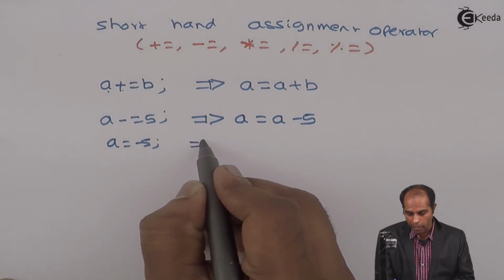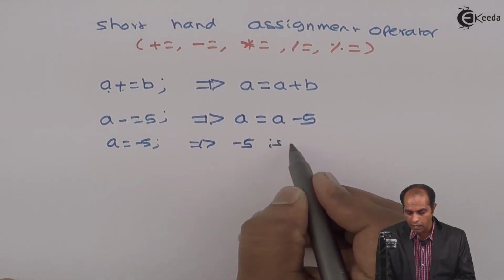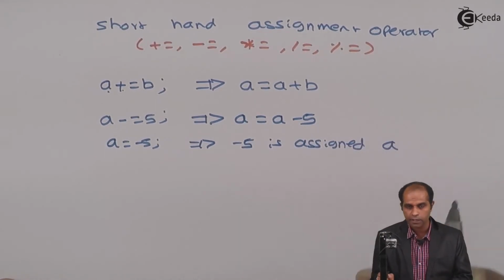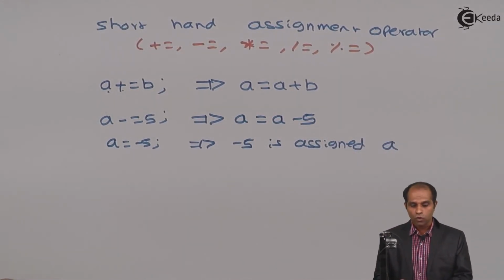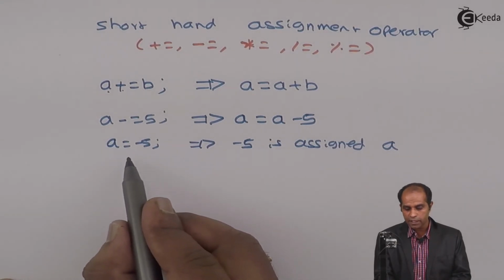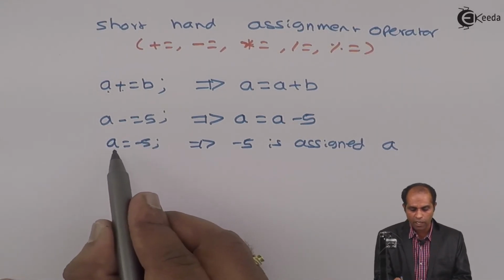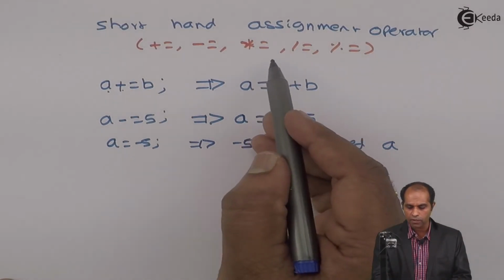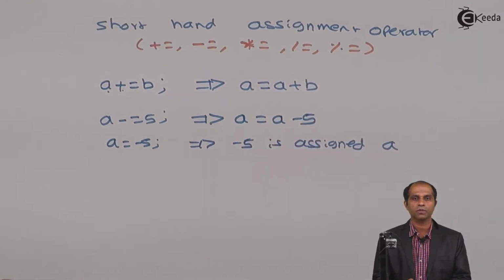Here, minus 5 is assigned to what? Yes, you guessed it right, it is a. So equals to minus says minus 5 is assigned to a, whereas minus equals to says this is the expansion. You can have asterisk equals to, slash equals to, percentage equals to with the same set of examples.